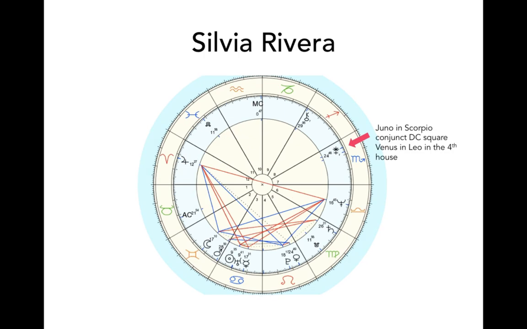Sylvia Rivera has, of course, Juno in Scorpio conjunct the descendant. I know that because the ascendant is here at 21, and so the descendant is going to be directly across at 21. And it's this double line here. And it's square Venus in Leo in the 4th house, right? A very close square.